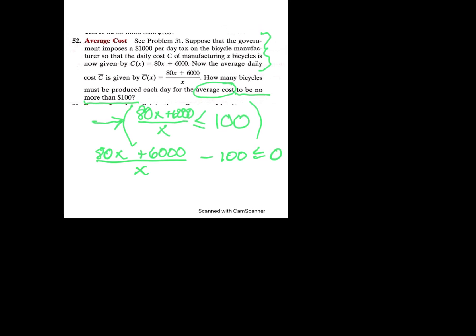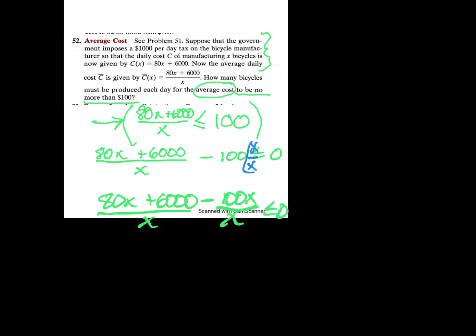So to finish solving, we have to get a common denominator. Our common denominator is x. So we're going to multiply 100 by x over x to get it with the common denominator. And that will give us 80x plus 6,000 over x minus 100x over x is less than or equal to 0.